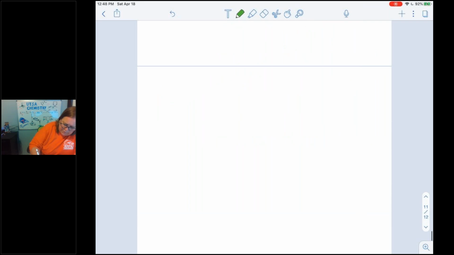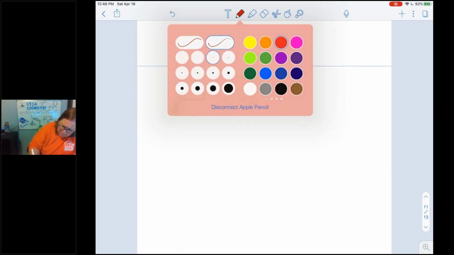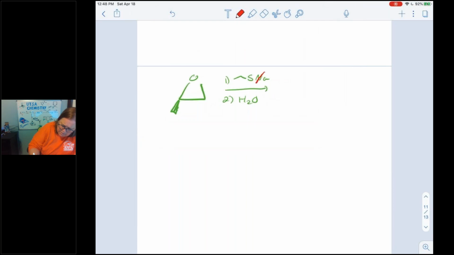And so again, the mechanism for this is a very simple mechanism. I'm going to react this in the presence of this alkyl sulfide to water. Again, anytime you have an alkyl group, you know it's what? Basic. So just cross that out. Regioselectivity, because I don't have anything helping to direct the sulfide.